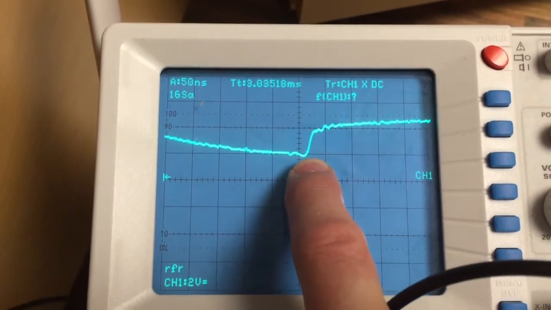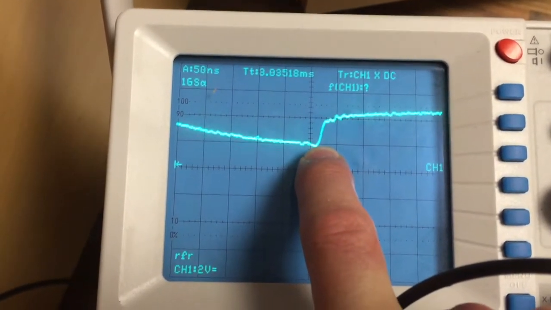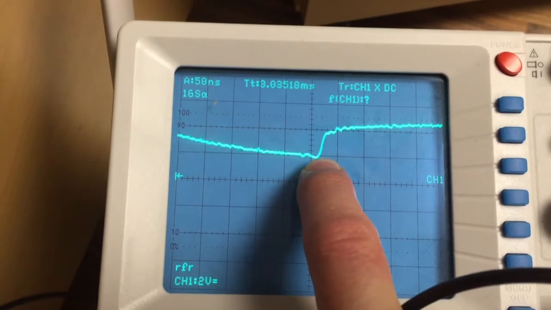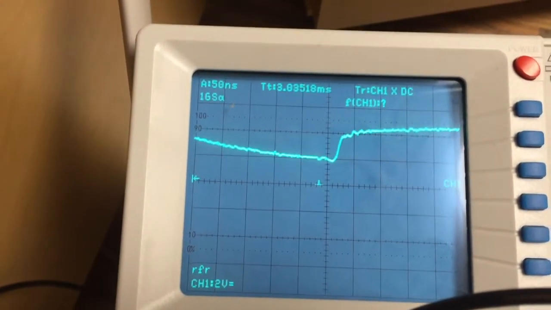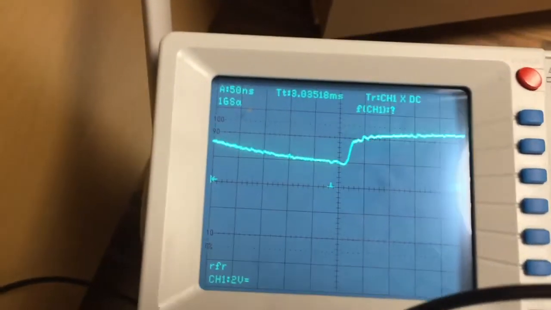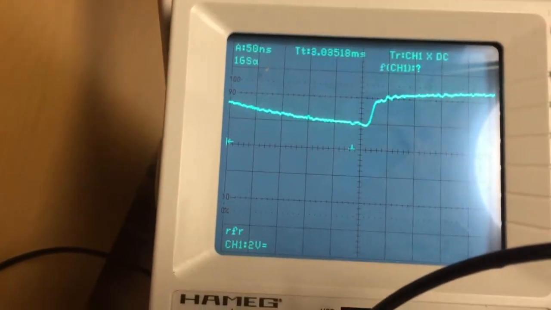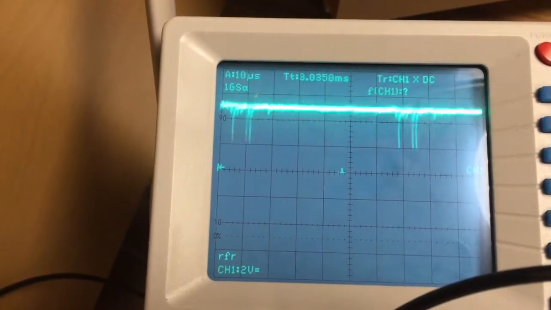I don't think that 2 volts are really being interpreted as a low signal. So I think it should have been at least below 1 volt. So this is what our high all the time signal looks like.